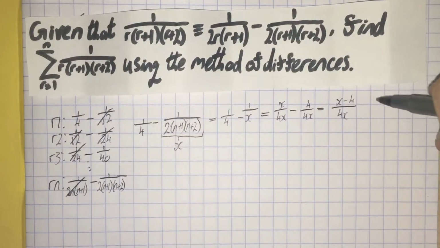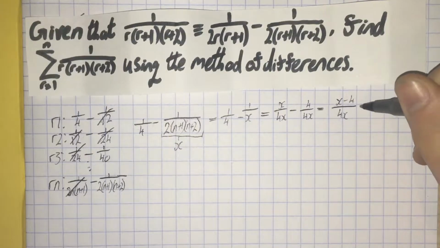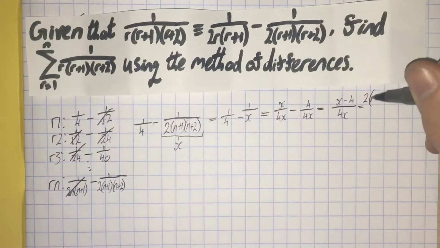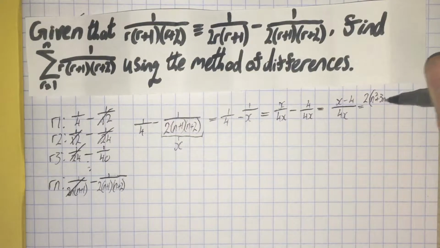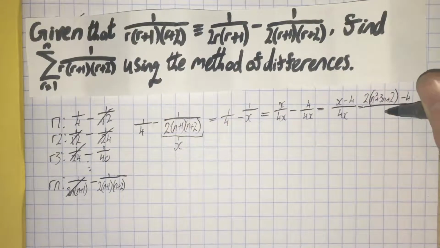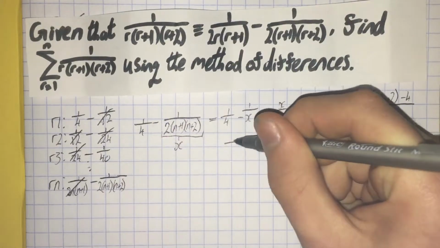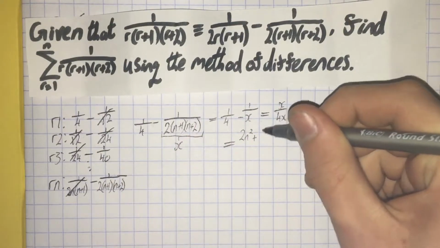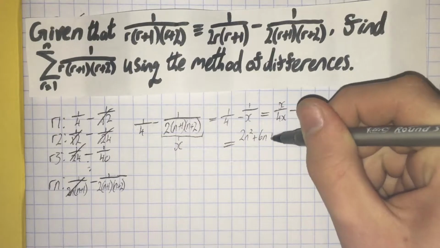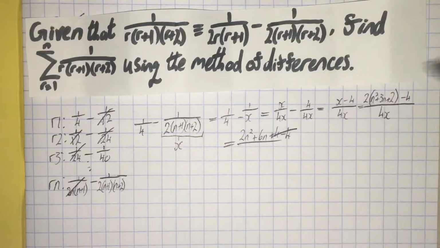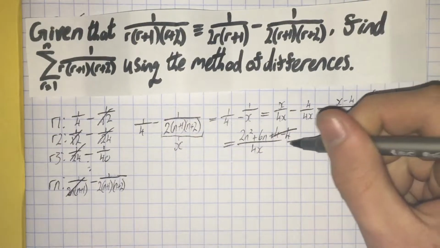So, let's crack on. Well, this shall equal 2 times, looking like over here, n squared plus 3n plus 2 minus 4. And just for simplicity's sake, we shall leave it as 4x for now. Bring it down back over here. This shall equal 2n squared plus 6n plus 4 minus 4, meaning those cancel off, over our 4x.